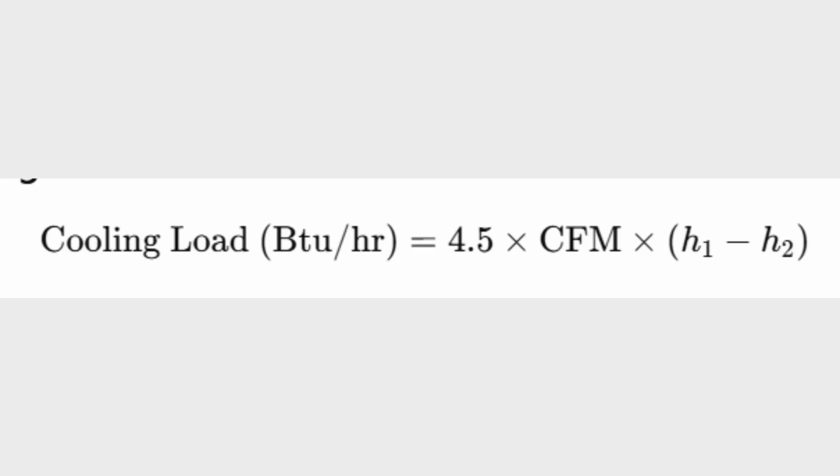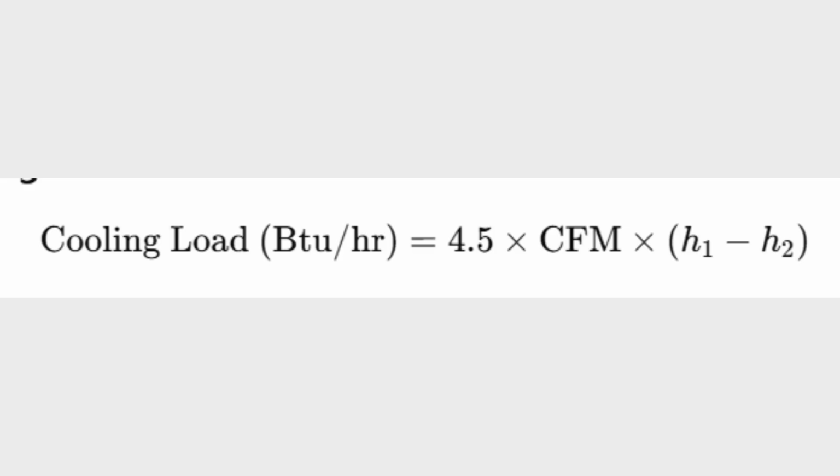Now, let's talk about total cooling load. We calculate it using enthalpy, which measures total heat energy, both sensible and latent, in 1 pound of air. The formula sounds like this. Cooling load in BTU per hour equals 4.5 times the airflow in CFM times the difference between entering enthalpy and leaving enthalpy.